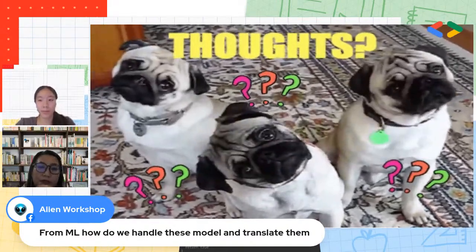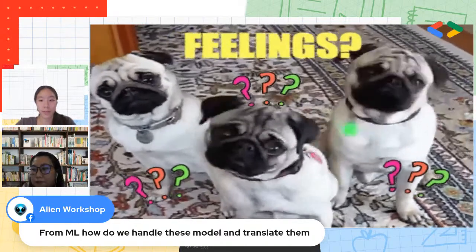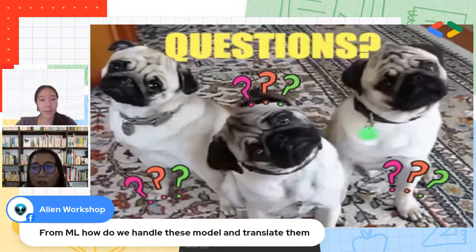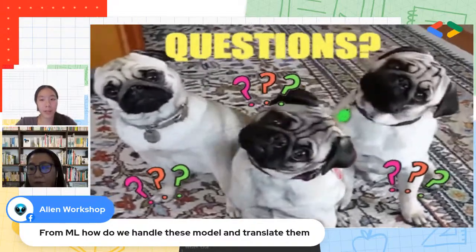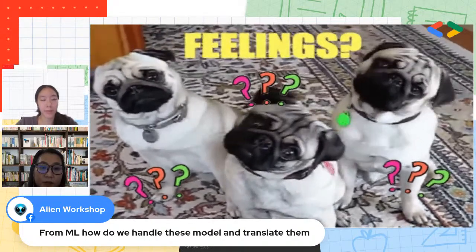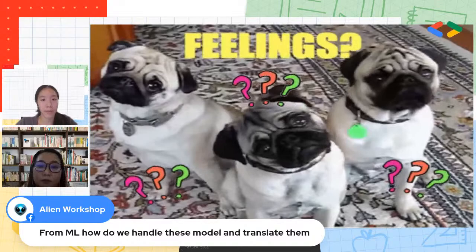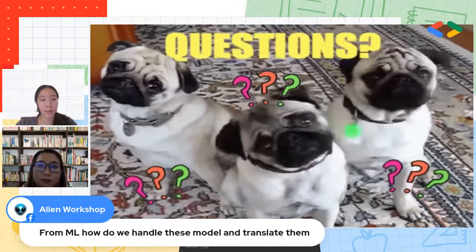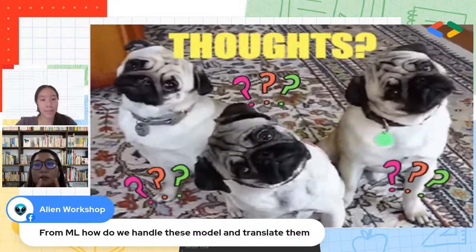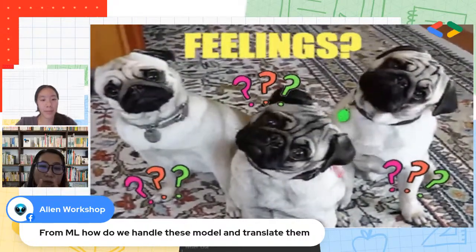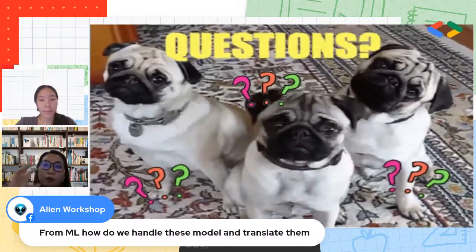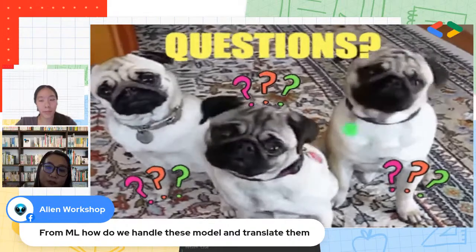But if you are just an ML practitioner, an ML engineer or data scientist, the few things I can directly think of to translate or interpret your model is, again, back to the basic things. You need to know the objective of your data, what you are trying to achieve, what data you use, and what features you are using.